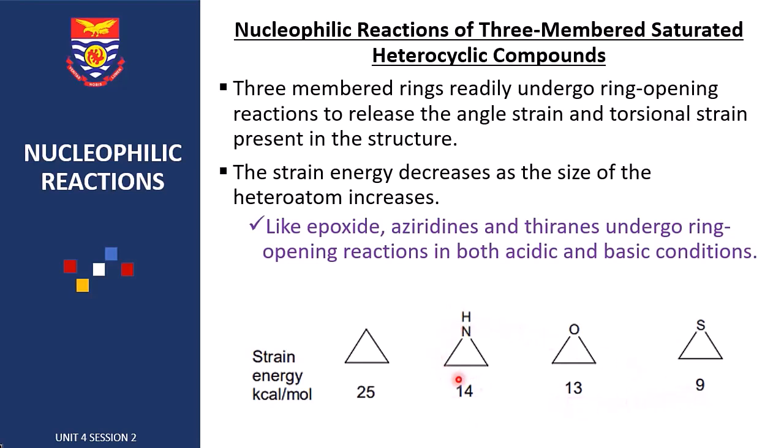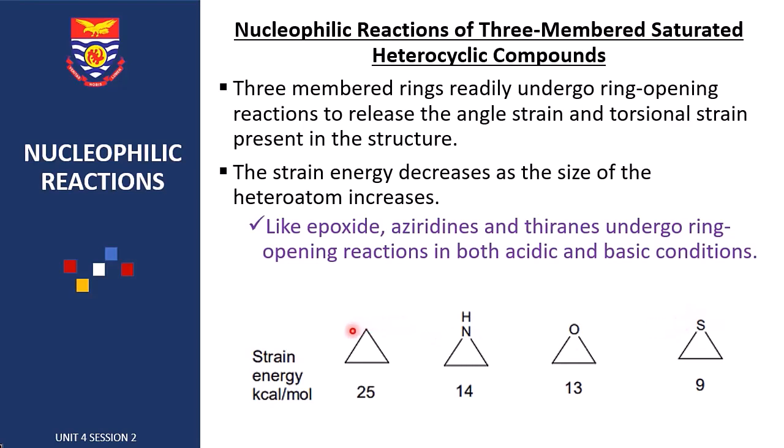Now, all these three-membered saturated heterocyclic compounds have some energy strain in them. So there's some kind of angle strain that holds the ring together. However, when the size of the heteroatom increases, the energy strain decreases.